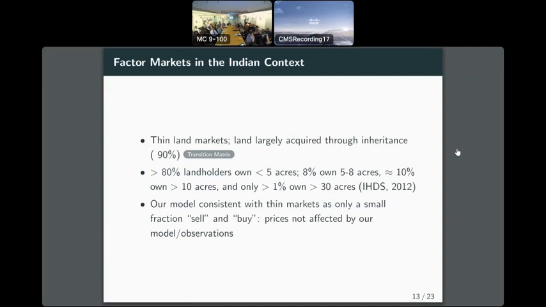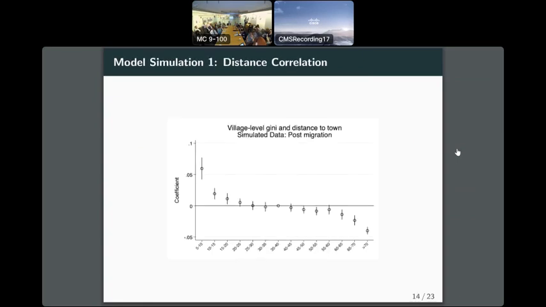Only 8% own 5 to 8 acres, and among them, only a few would be in the market to sell. So that's not going to dramatically affect the sale prices. It's relatively thin. And even survey evidence shows that most of the land that people have is acquired through inheritance rather than through open market transactions.